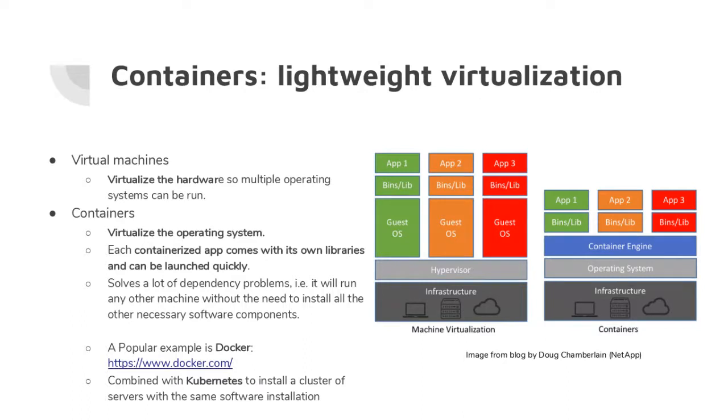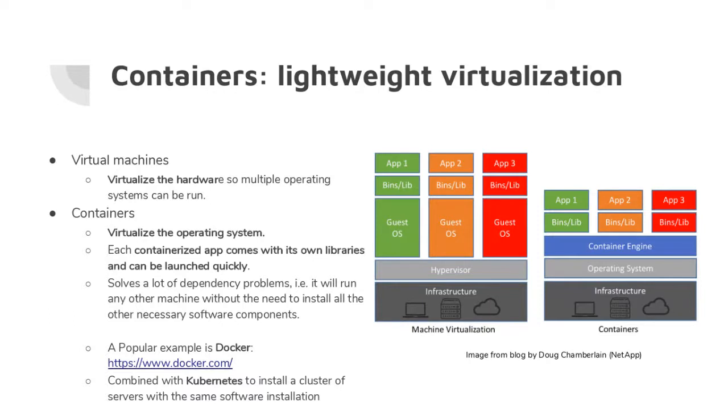But often you don't need another operating system. You want the same operating system, such as Windows Server or Linux, but you want different applications. So instead of virtualizing the operating system, we use the same operating system, but then we have different containers. And a container is actually just a set of applications installed.